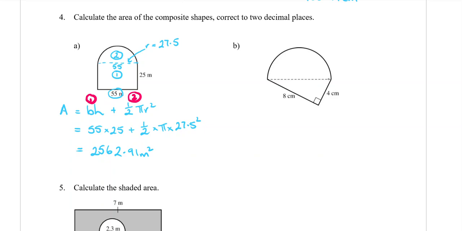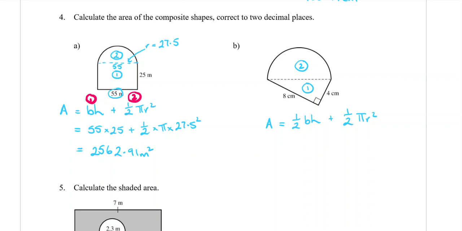Part B, we already have a dotted line across here to help us split up our shape. So we have a triangle and half of a circle. So the formula, if I do shape 1 and shape 2, will be the formula for a triangle, which is half base times height, plus the area of half of a circle, which will be half pi r squared.